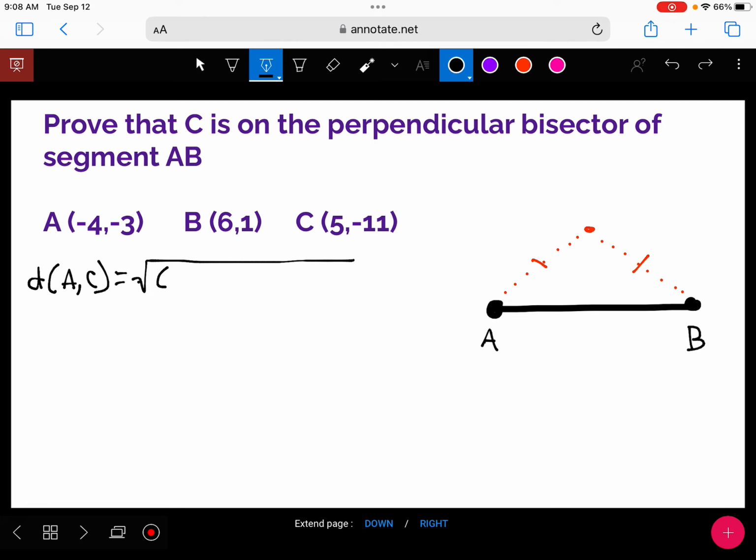So for A and C, we're going to take our 5 minus negative 4 squared plus negative 11 minus negative 3 squared. This is going to give us the distance from A to C.